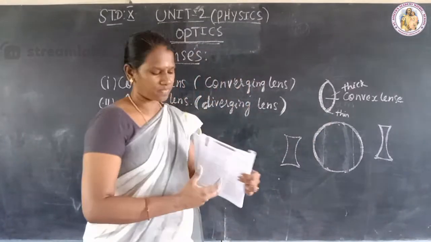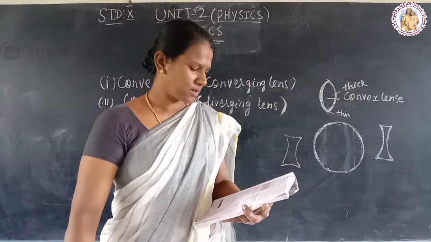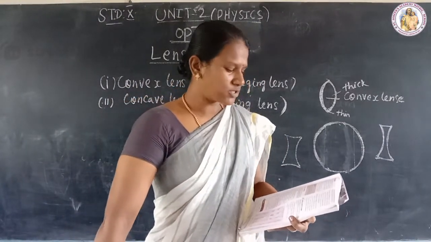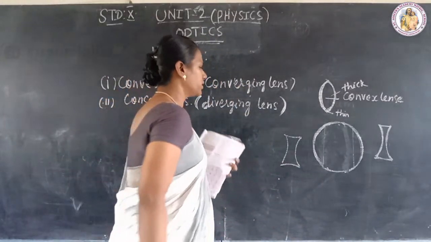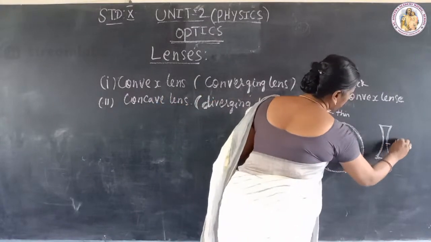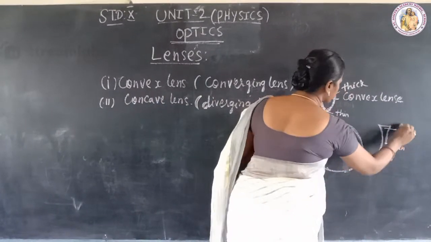So what about the shape of the concave lens? It is a lens bounded by two spherical surfaces such that it is thinner at the center and thicker at the edges.